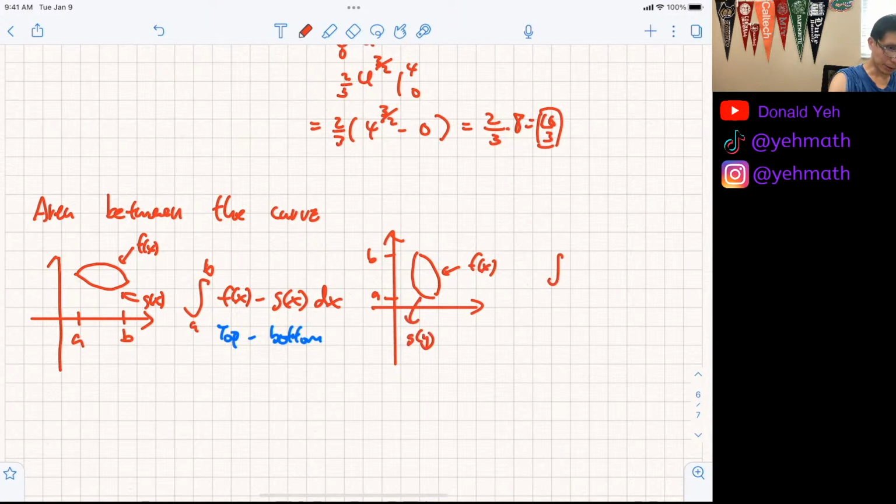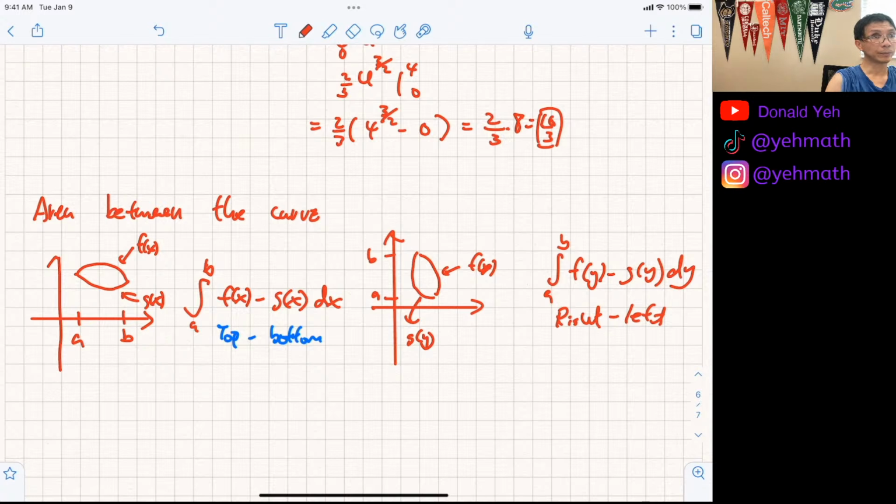Then it's going to be the integral of f of y minus g of y dy between A and B. So it could be right minus left. And what does that mean?